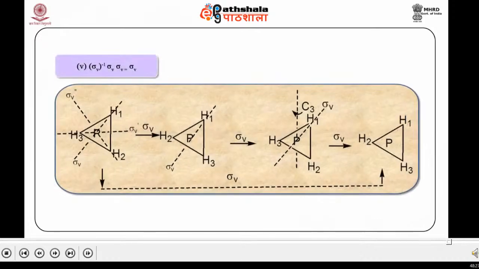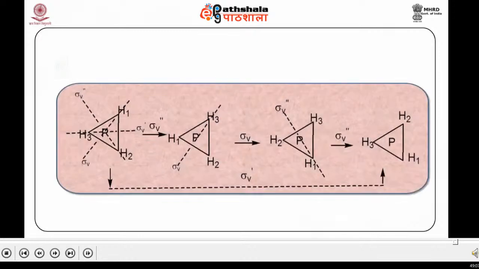This is the fifth similarity transformation in the PH3 molecule, as sigma V inverse equals sigma V. This is the sixth similarity transformation in the PH3 molecule.